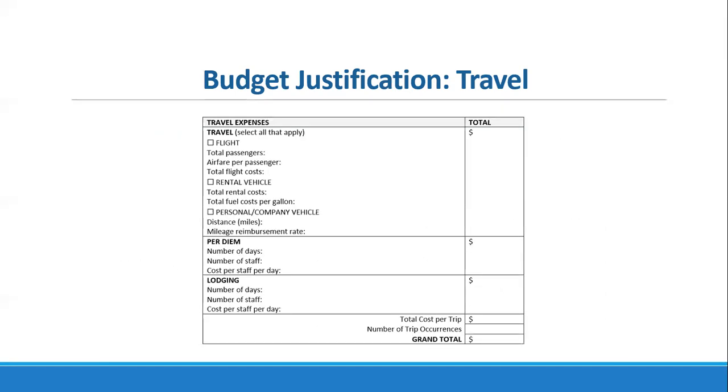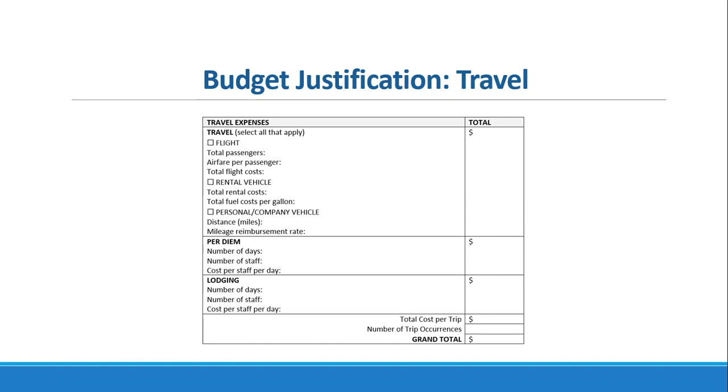And then with each of these, there will be this table included as well, describing the type of travel. So if it's a flight, the total number of passengers, airfare per passenger, and total flight costs, and other costs are appropriate there. The relevant per diem, and those rates, again, double check with your institution's travel policy to make sure you're using accurate numbers there.